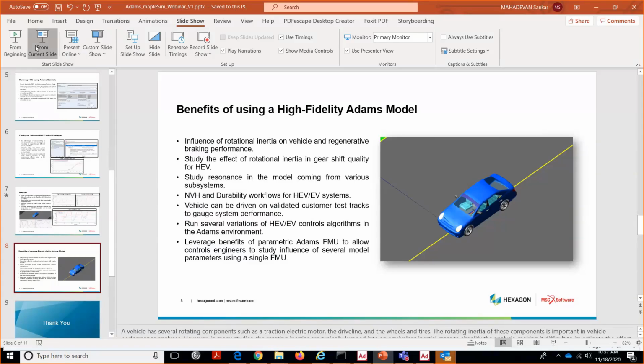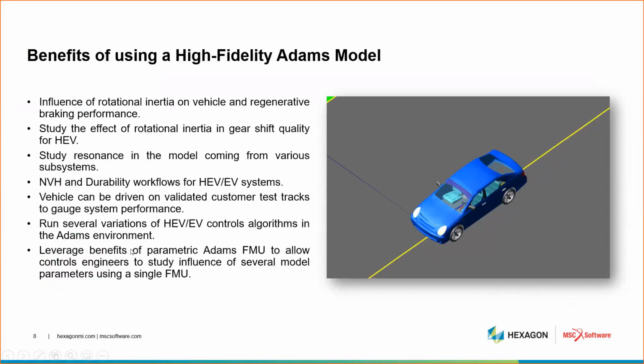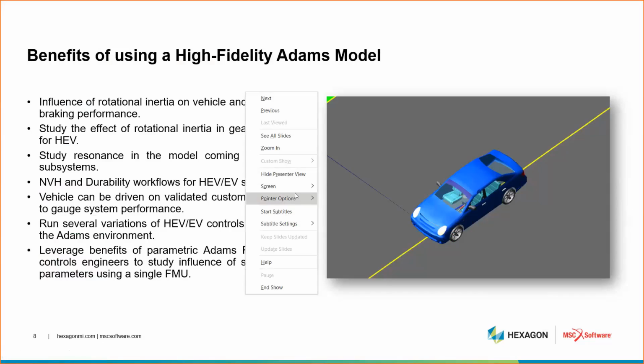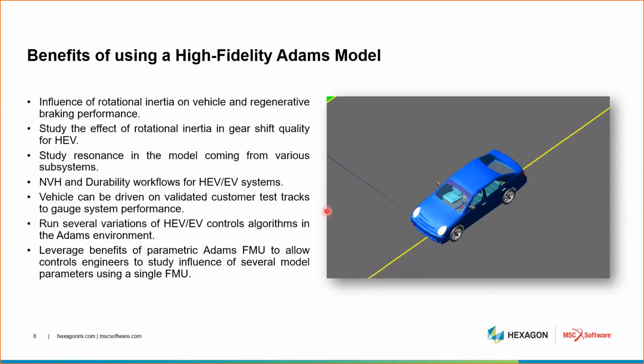And in addition to that, there are some more benefits of using a parametric FMU when you export it to the MapleSim environment. A controls engineer who doesn't necessarily care about a lot of these characteristics of the Adams model can move to using a parametric FMU, which we also looked at, where they can expose different parts of the chassis, the suspension, to change the mass or some other simplistic properties, and they don't have to come back to the Adams environment.